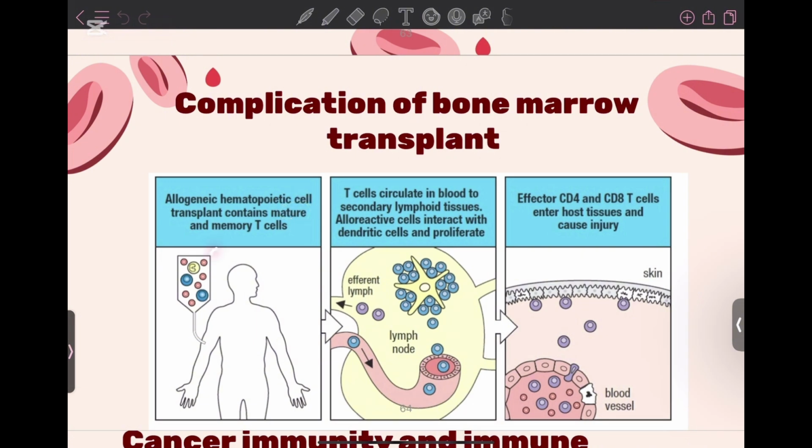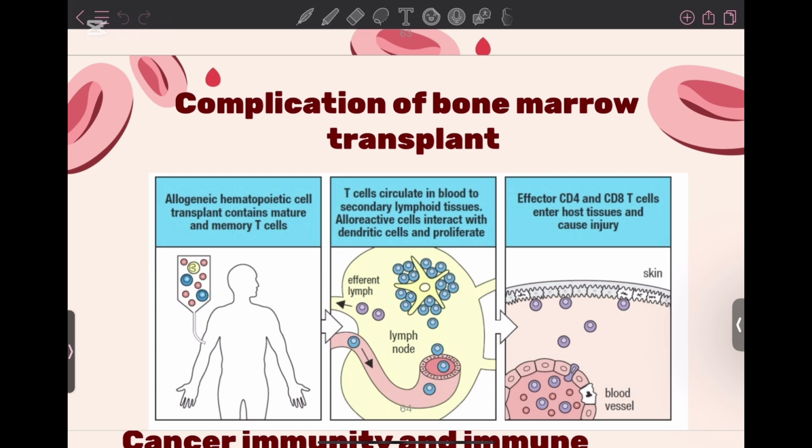So basically, let's just say this is the bone marrow of the donor and this is the recipient. If the bone marrow of the donor contains mature and memory T cells, once you introduce them to the recipient's body, they're going to start to attack the recipient's body, because they do contain memory of the original donor cells.